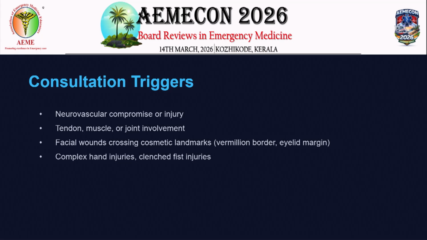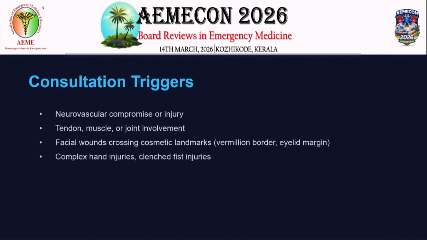Moving further. One of the important decisions in the emergency department after wound management is when to call for a proper surgeon consultation. Important points: if the patient has a neurovascular compromise, always involve the relevant specialty in your department.